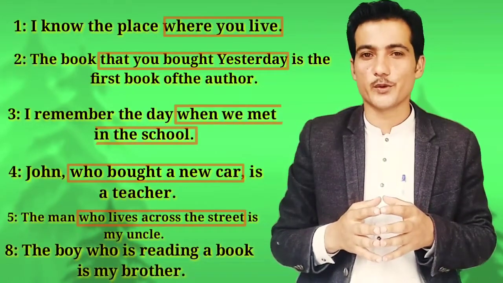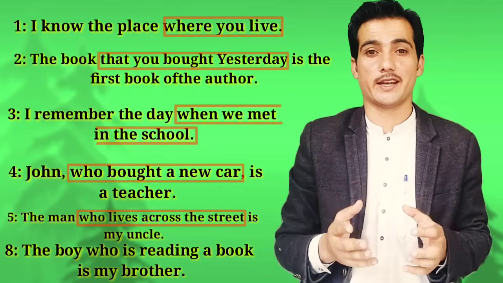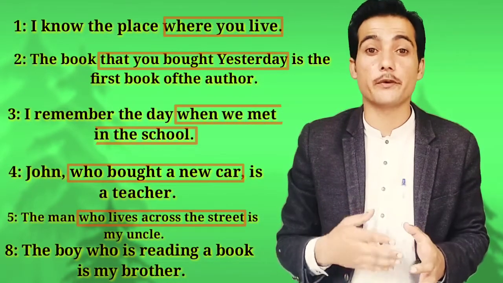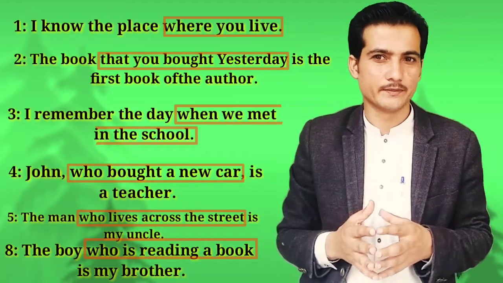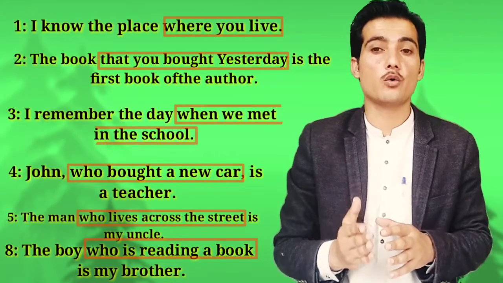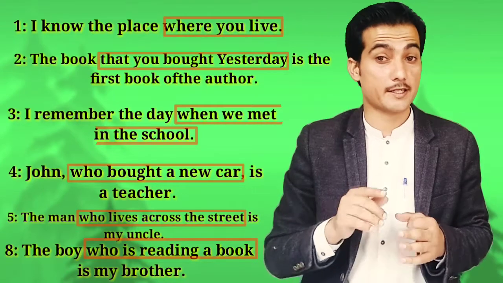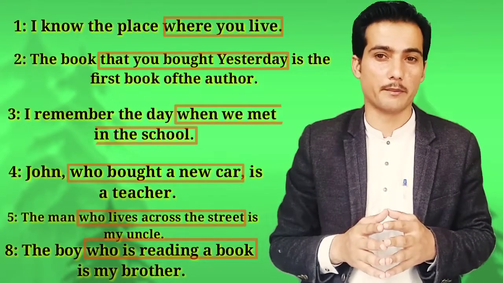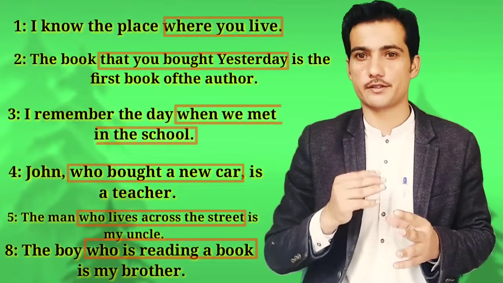The boy who is reading a book is my brother. If you analyze it and ask yourself a question, the boy is my brother. Which one boy? The boy who is reading a book. Here, who is reading a book is an adjective clause. Does it consist of those requirements which I have told you in the definition? Yes, it does.